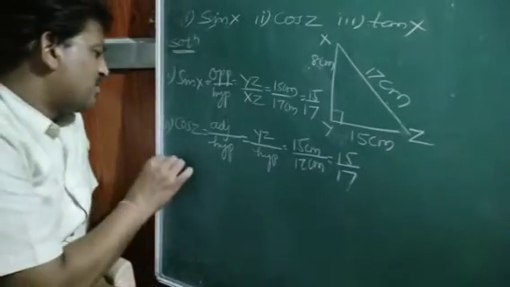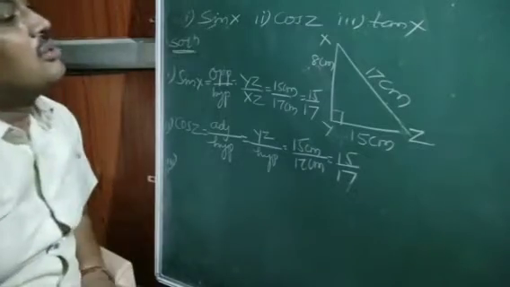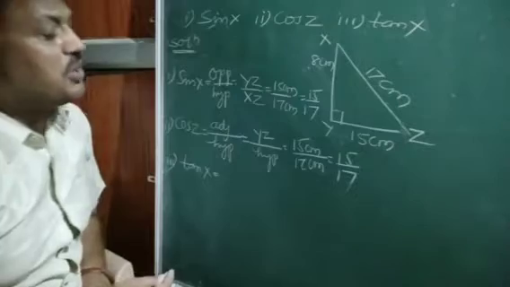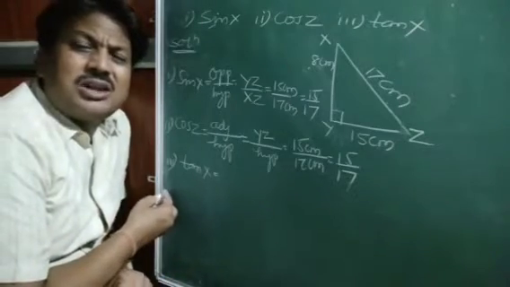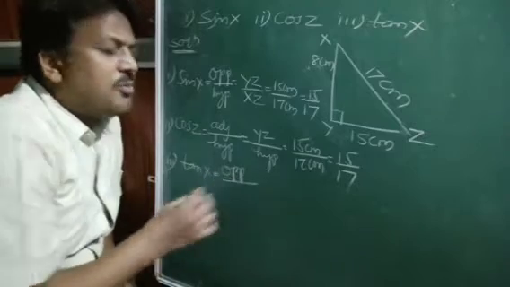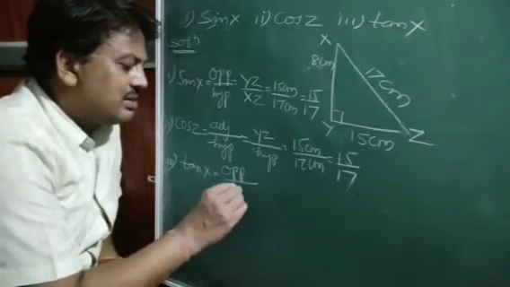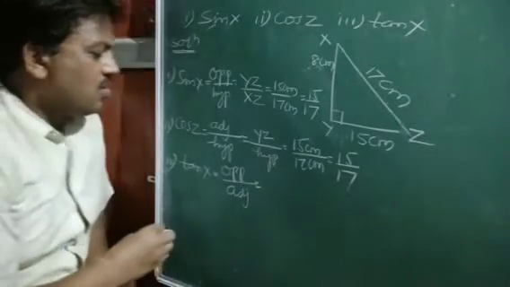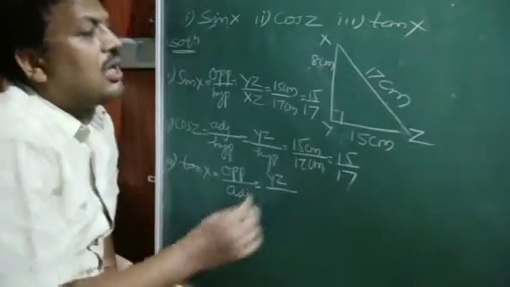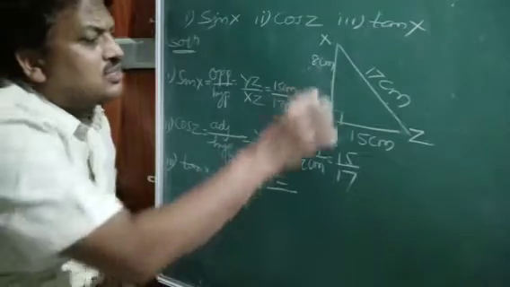Okay children, question number 3. What is that? Tan x. With respect to x, whatever it may be, tan theta is equal to opposite upon adjacent. Opposite with respect to x is YZ, adjacent is XY.